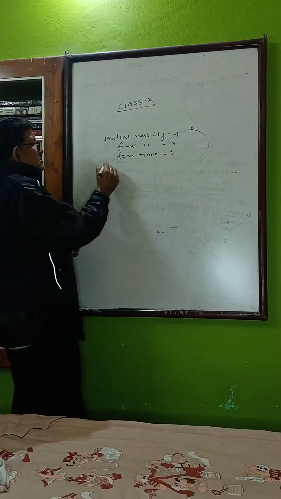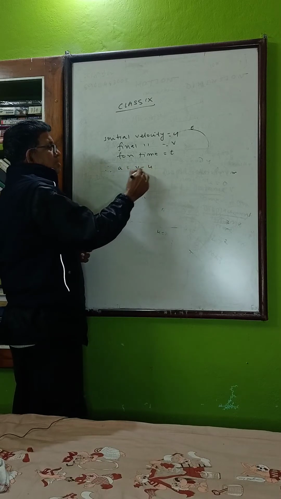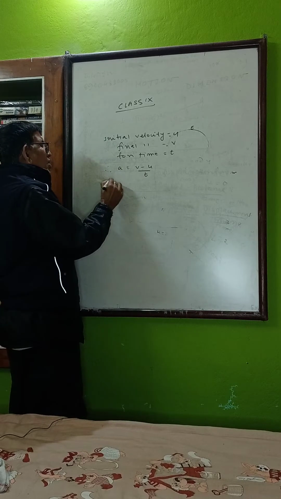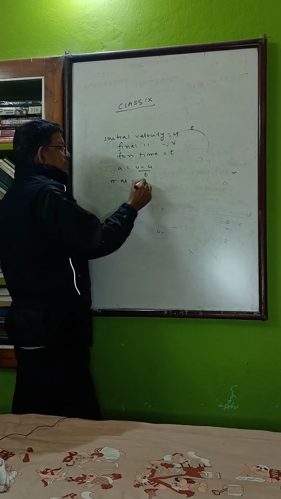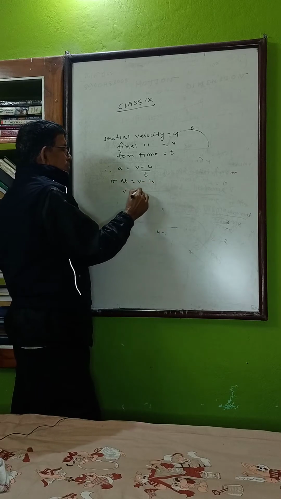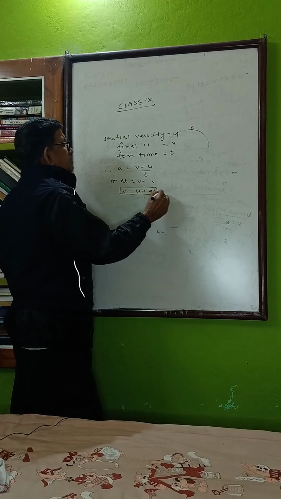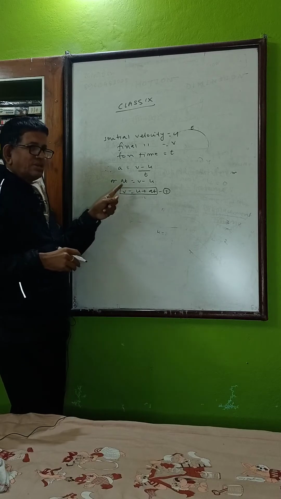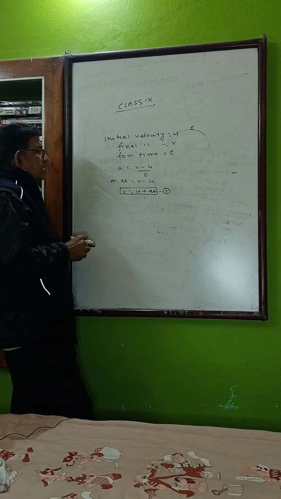So what is the acceleration? You know, acceleration equals velocity change by time. If you cross multiply, you get at equal to v minus u, or v equal to u plus at. This is the first equation of motion. What is v? Final velocity. What is u? Initial velocity. a is the uniform acceleration. t is the time allotted.